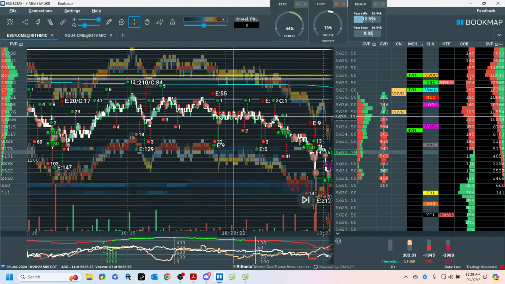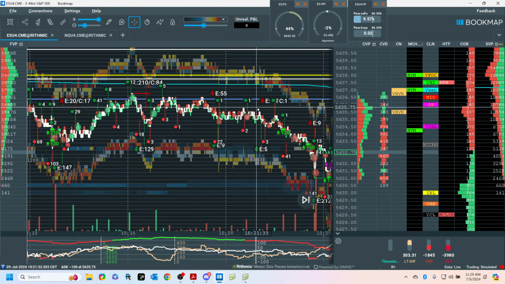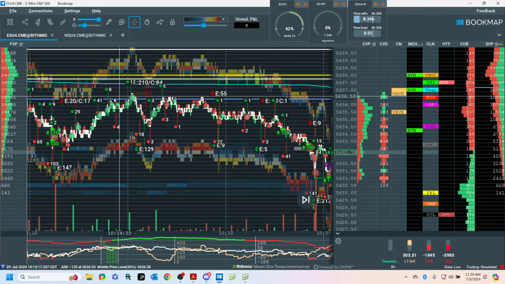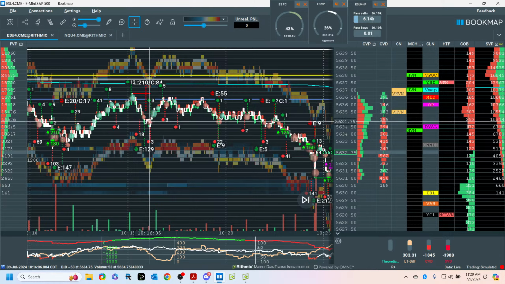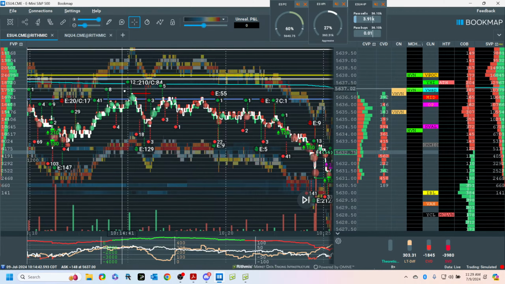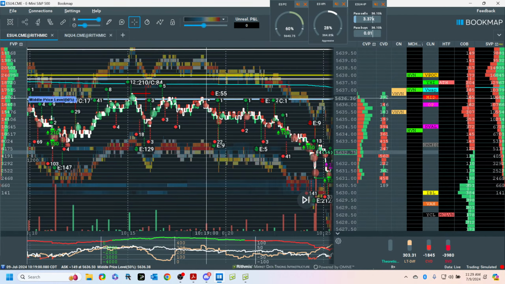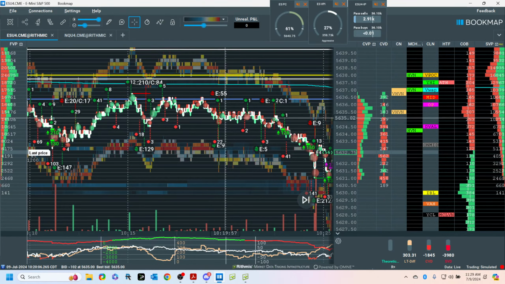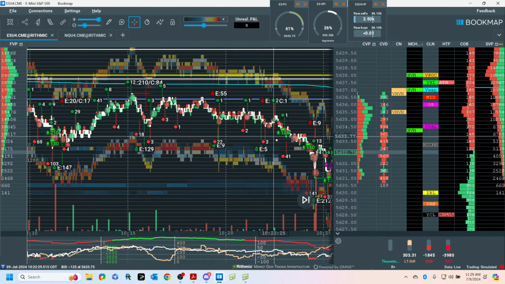Here's the next layer of high volume. No buyers. The last buyers I had were here, absorbed. Here, absorbed. Sellers. Where are my buyers? These guys now are stuck. Sellers take control. Sellers in control.